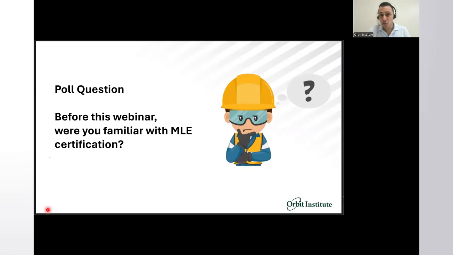Subhi is saying, can we go directly to MLA2 without MLA1? According to the ICML regulations, you cannot go directly to MLA2 without having MLA1 certification.